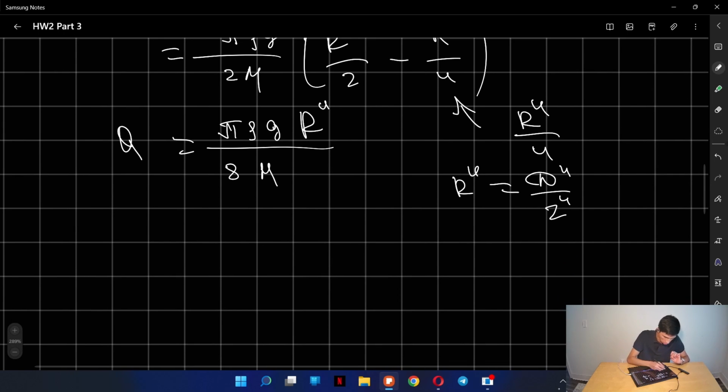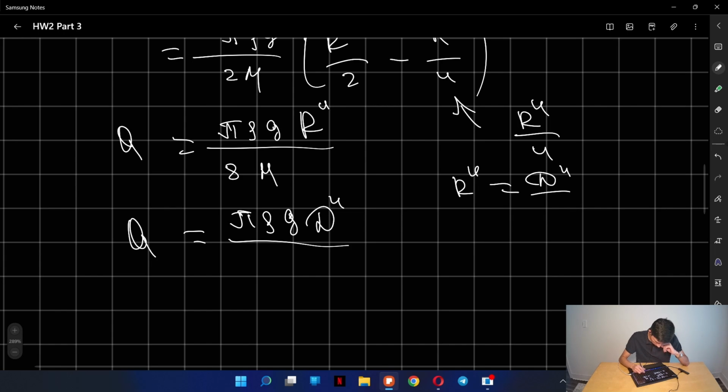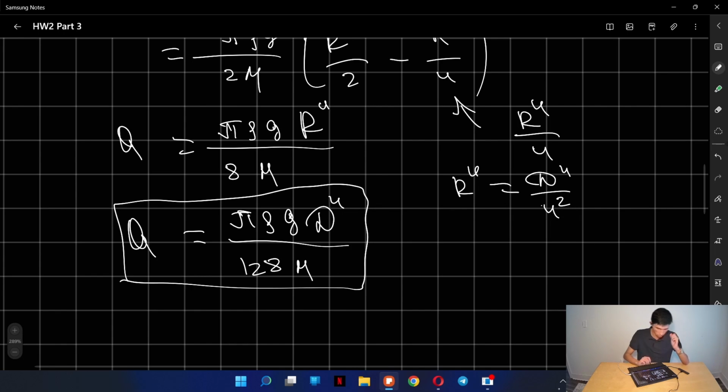So Q is going to be equal to pi times the density times the gravitational acceleration times diameter to the 4th over 128 times mu. Yep, that's the equation I have for the flow rate.